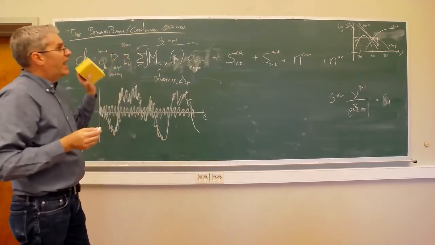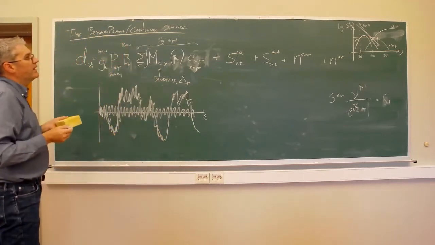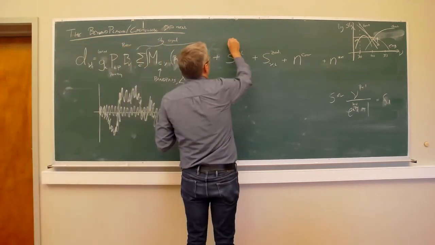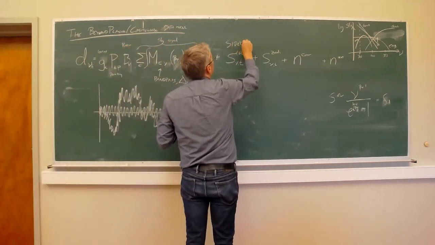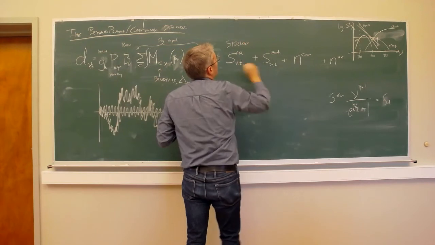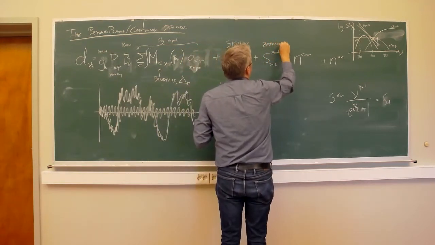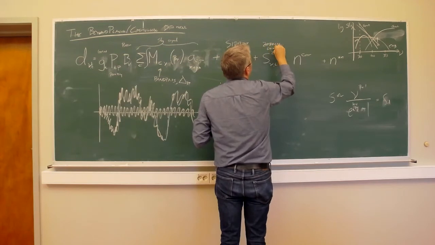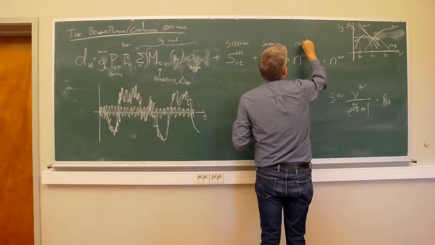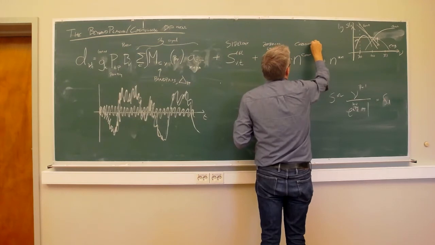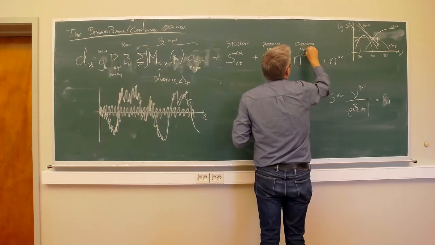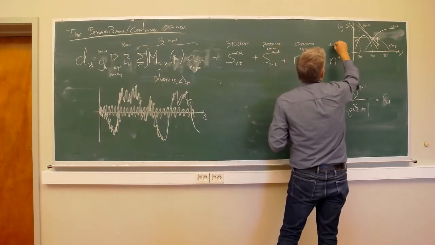But now we have a data model. Let's write this up: side lobes, zodiacal light, correlated noise.